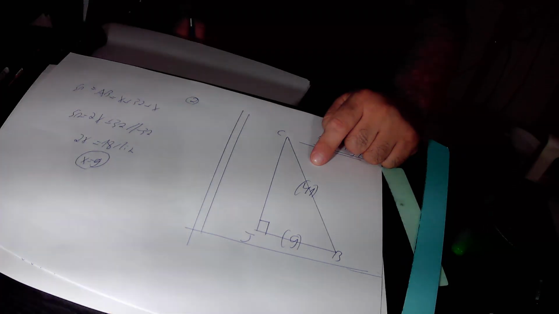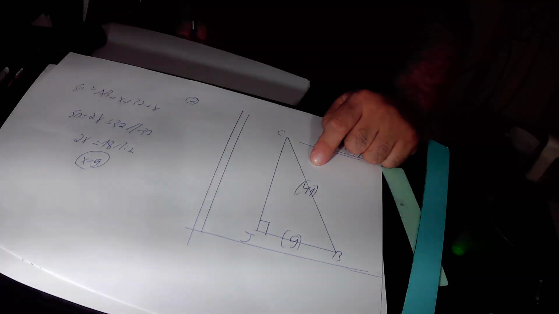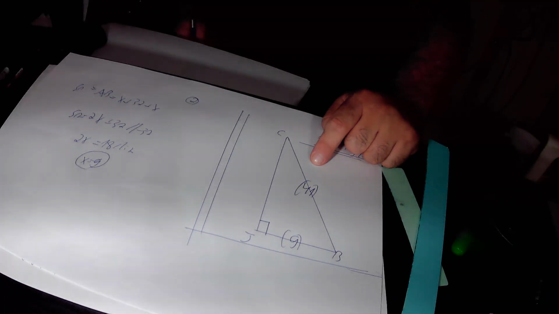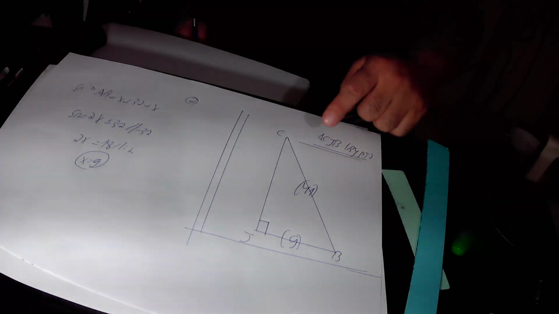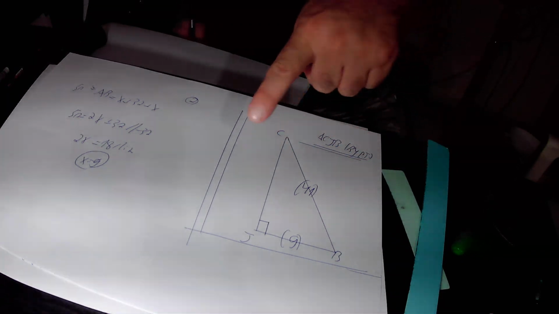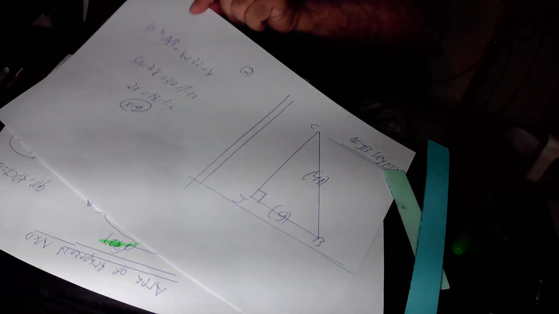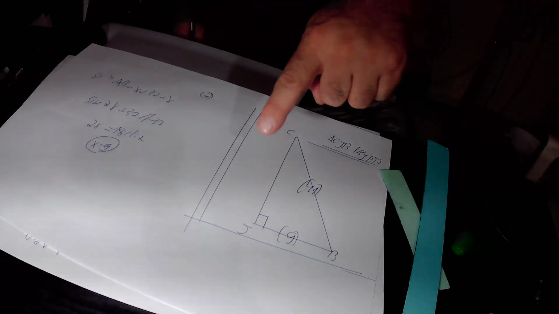According to the Pythagoras theorem, in any right triangle, the square of the hypotenuse equals the sum of the squares of the perpendicular sides. The hypotenuse in this right triangle CJB is CB, therefore the square of the hypotenuse is CB square, and CB square must be equal to CJ square plus JB square.